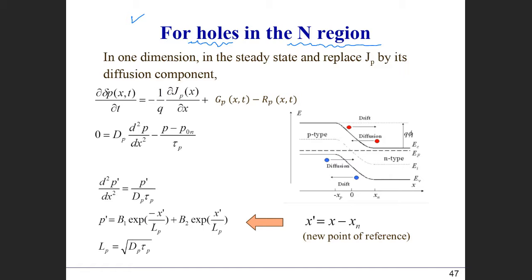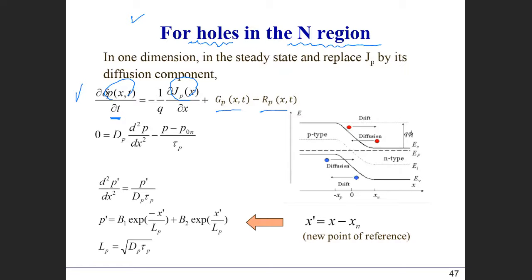I'm looking at the N region, where holes represent the minority carrier concentration. To solve the continuity equation for the hole, we copy it from the previous slide: any hole change in terms of time comes from the current and the generation and recombination. That's the general continuity equation.